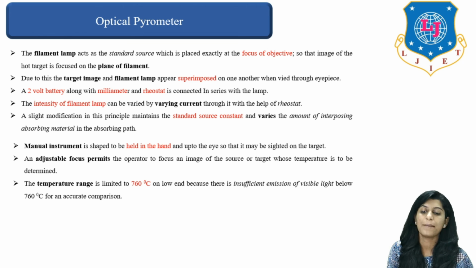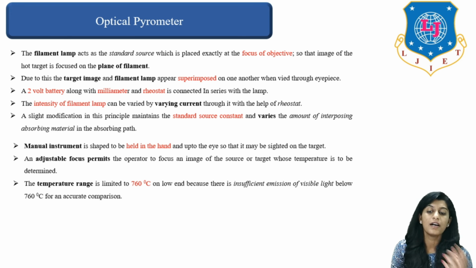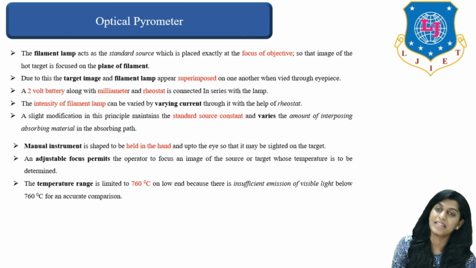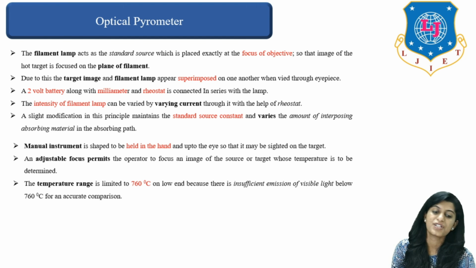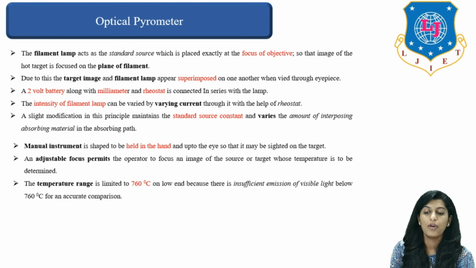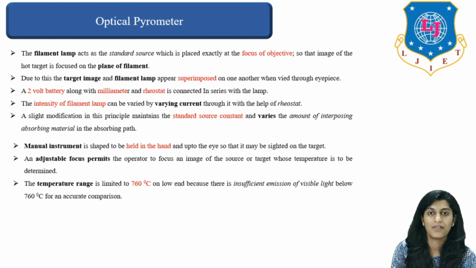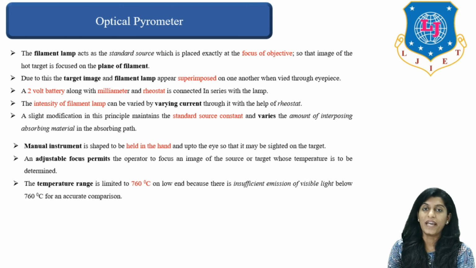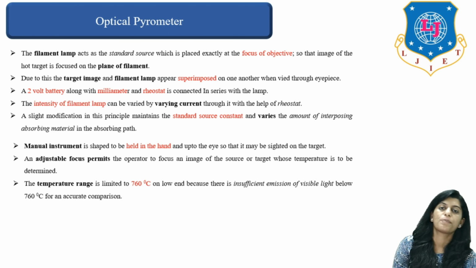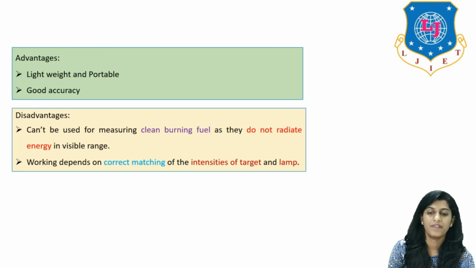The temperature range is limited here, around 760 degrees centigrade on the low end, because there is insufficient emission of visible light below 760 degrees centigrade. So we need to make sure we use the optical pyrometer within the given range.